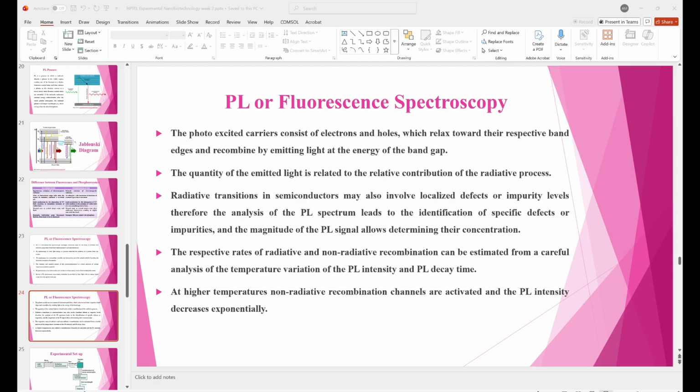In DLS, you have a sample in which your particles are undergoing Brownian motion, that is random motion, and then you have a laser source. Depending on the velocity of your particle, the laser will be scattered. If your particles are large, there will be a small scattering angle, because the particles will be moving with small velocity.